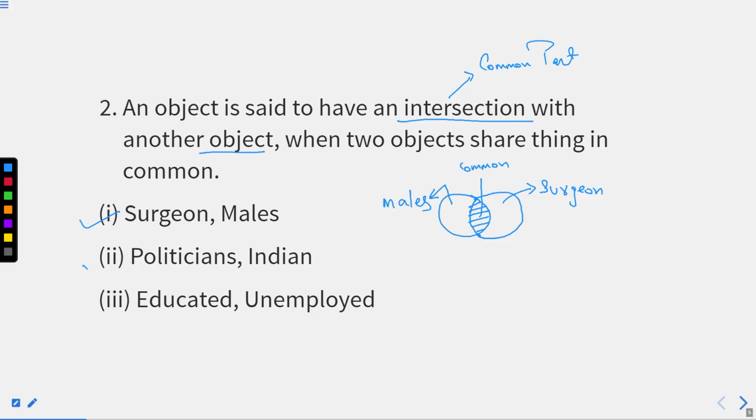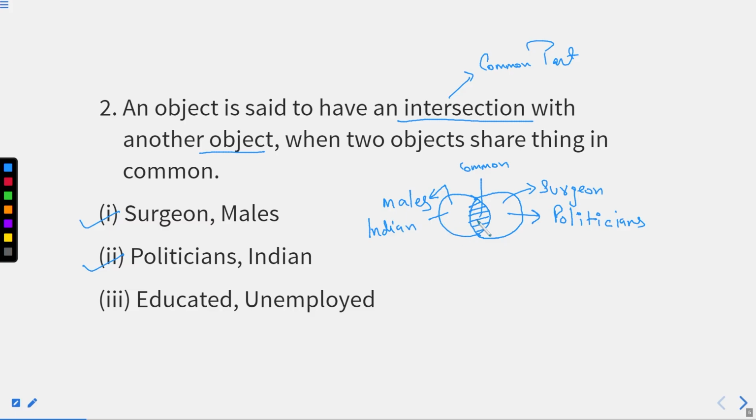Now we'll read the second part, that is politician and Indian, right? Let's say this circle represents Indian and this circle represents politician. Here I'm explaining different kinds of questions that appear in front of students. Don't you think politicians are not only present in India, they are outside India as well? In every country, they have their own politicians who run the government of that particular country.